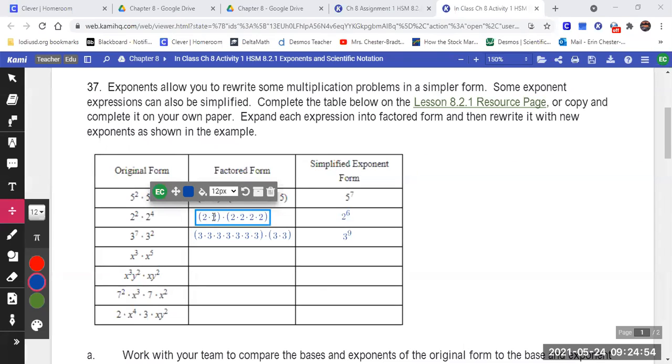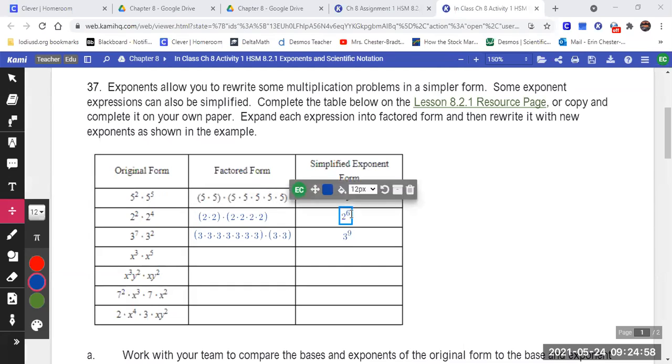There's 1, 2 2s there, and then 1, 2, 3, 4 there. So that's why it's a 6th power, because they were all 2s and there's 6 of them. Okay, so that's all we're doing, that's why we're spreading them out so we can count how many we have. How many we have when we count is our exponent on our simplified form.